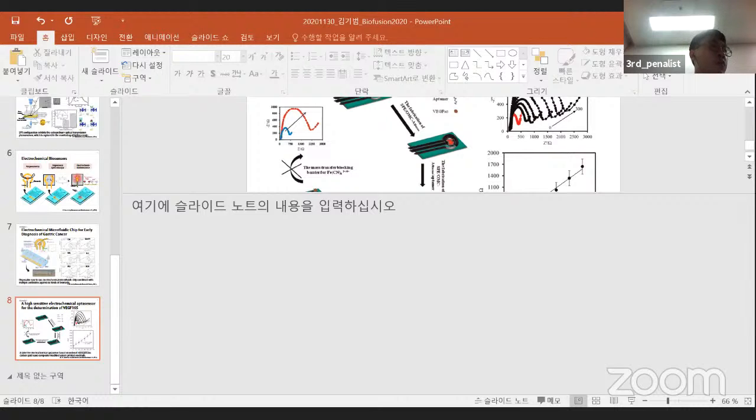In the papers, they just show the electric circuits and measure the changes of current or voltage. So I think it is passive, and actively controlling the electrical circuits to control the droplets is, I think, very difficult.